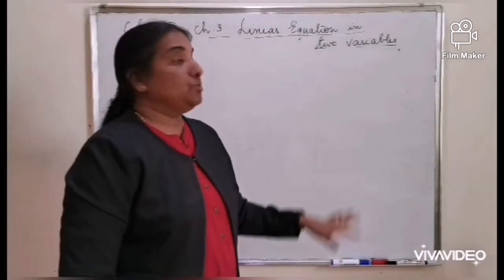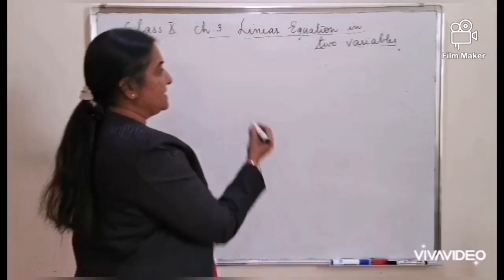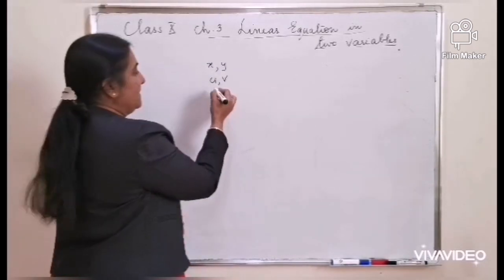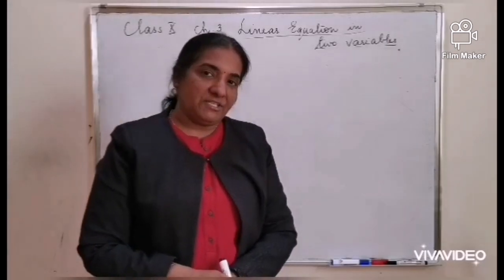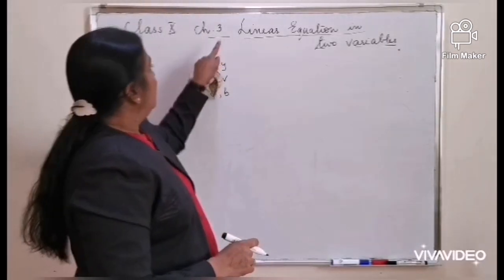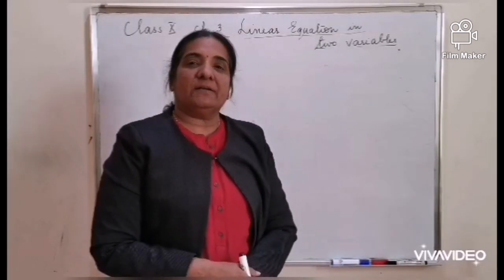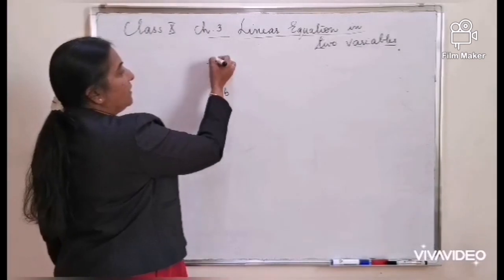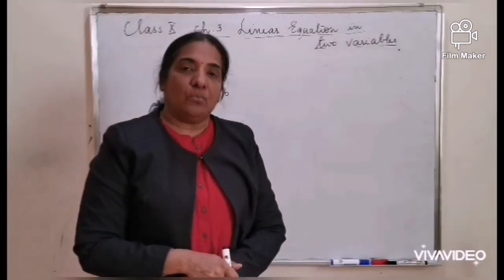What are the two variables? The variables you can assume as x or y, u and v, a, b, any letters in the English alphabet. Linear equation. The term linear means that the power of the variable you are assuming should be only 1.